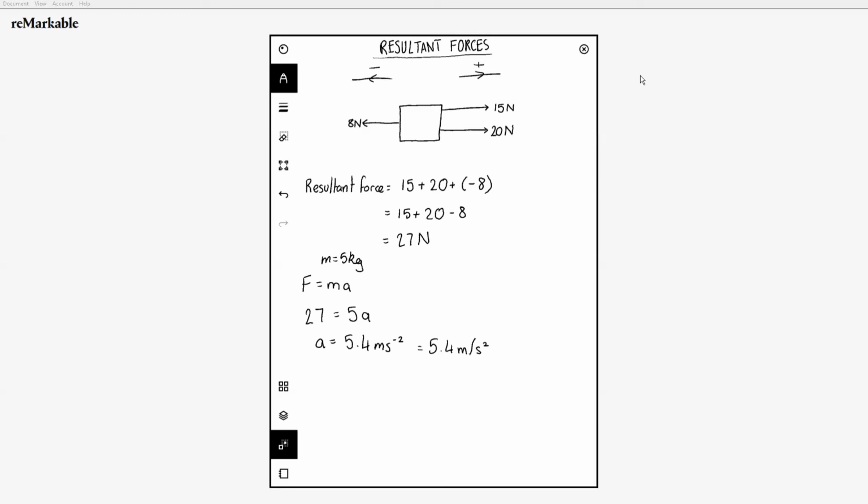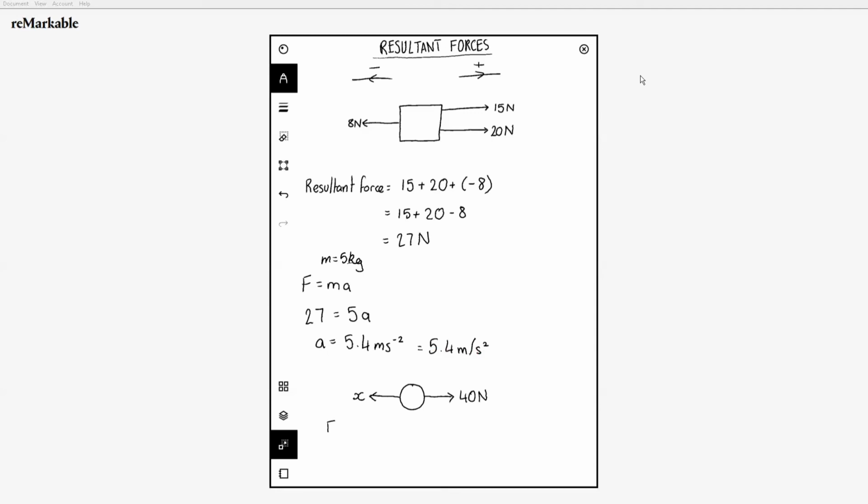So another thing to be aware of is if you've got a question where you've got a body like that, and you've got a forward force of 40 newtons, but you don't know what the force acting backwards is. So we just put that as x. We don't know what that is, but it's there and there is a resultant force. Then say you know the mass, say the mass is the same 5 kilograms and the acceleration is the same 5.4 meters per second squared.